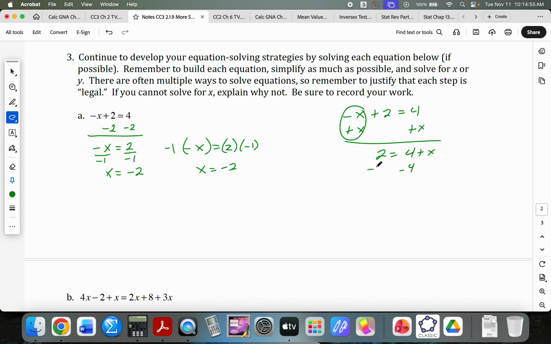Subtract 4, so make a zero pair over here so that we can get rid of that. And we get -2 equals x that way also. Yes, ma'am? If you have a problem like this on the test or any quiz, does it matter which one we put? No. Any of those are perfectly good.